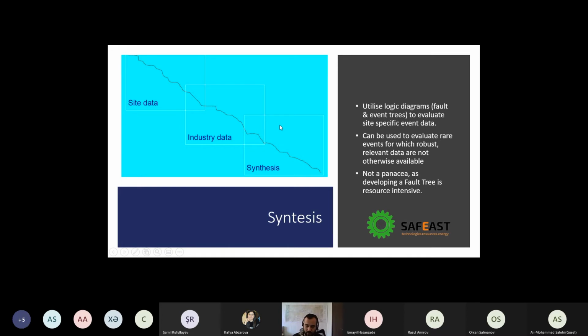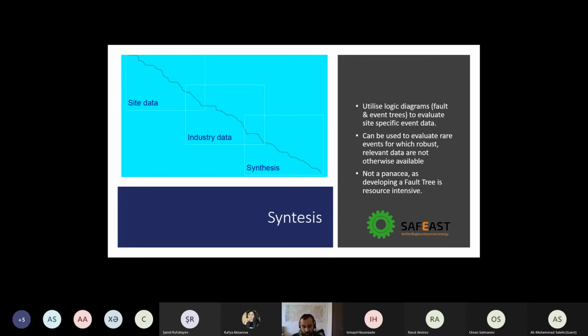For this specific purpose, we utilize logic diagrams like a fault tree and event tree to evaluate site-specific event data, using robust industry data and modifying it to our case.